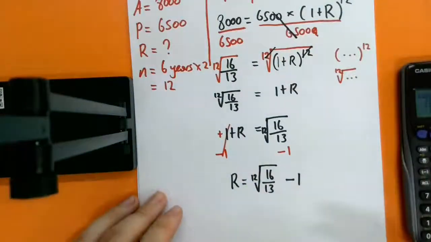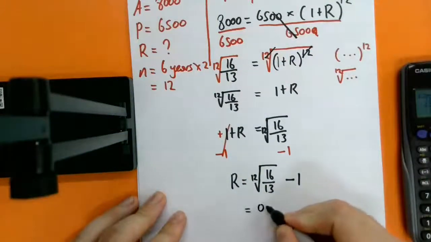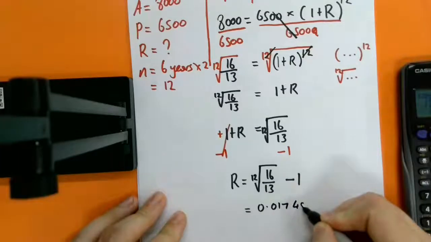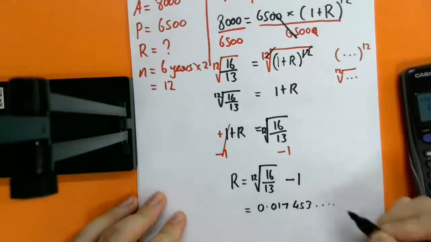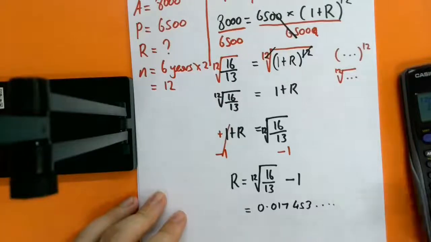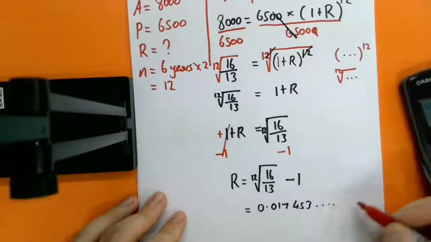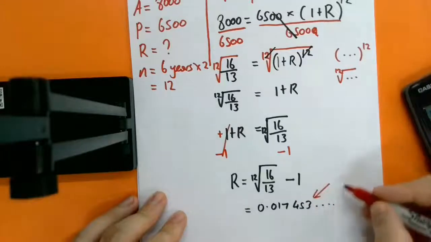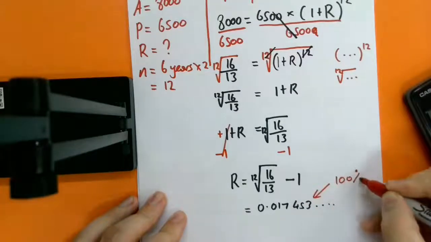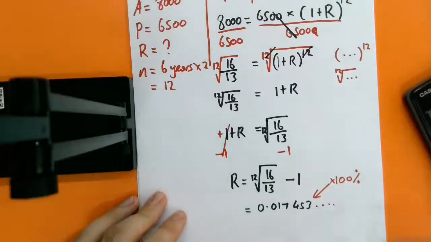And that will bring up this horrible decimal there. Okay, so we end up with 0.017453... which continues on forever. Now remember, I want this as a percentage. So to make this a percentage, I'm going to multiply this step by 100%. So I take this number, multiply by 100, and add a percentage sign.